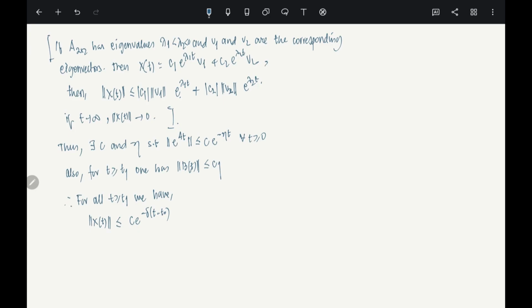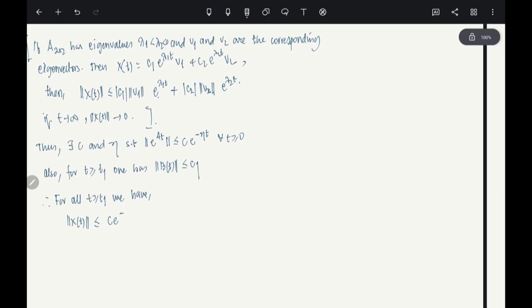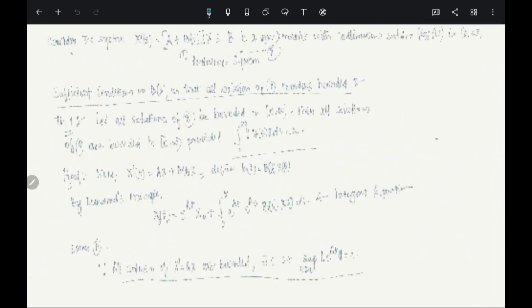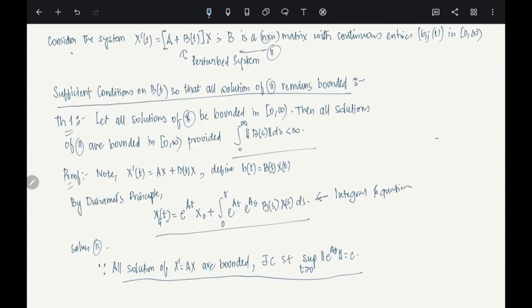Here I am assuming t naught to be 0, so I don't need t naught. Let's write it as eta t, times the norm of x naught. This is also true, same equation. If you take the norm, e to the power At is dominated by c times e to the power minus eta t, and the norm of x naught.